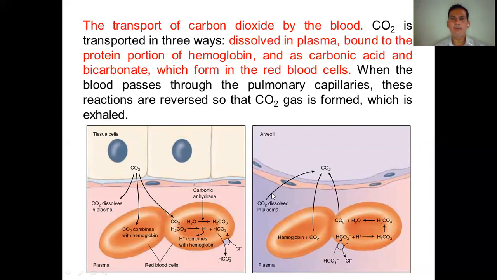At the alveolus, the CO2 which is dissolved in the plasma can be directly exchanged and goes to the alveoli, and the CO2 which is combined with the hemoglobin is also released to the alveoli. And the carbonic acid and the carbonate ions in the blood cells reverse the process, forming CO2, and this is also released to the alveoli.